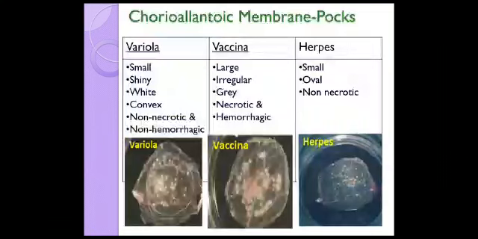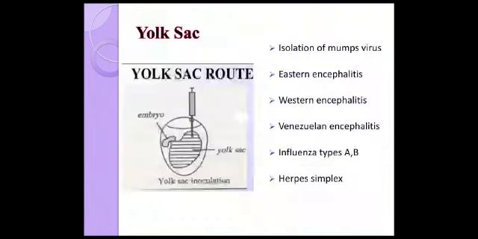As this table shows, variola pocks are small, shiny, white, convex, non-necrotic and non-hemorrhagic, whereas vaccinia pocks are large, irregular, grey, necrotic and hemorrhagic, and herpes pocks are small, oval and non-necrotic. The yolk sac can also be used for isolation of mumps, Eastern encephalitis or other encephalitis viruses, influenza types A and B, and herpes simplex virus.